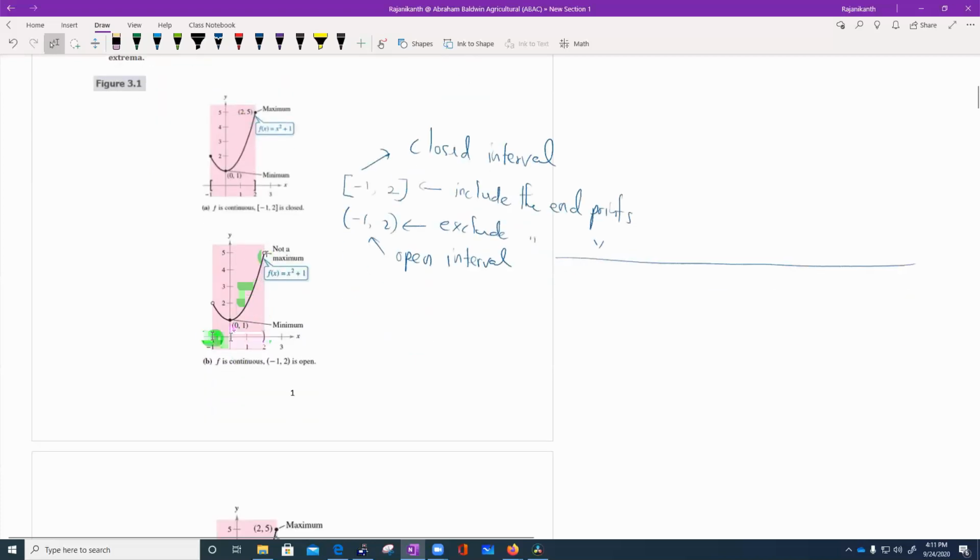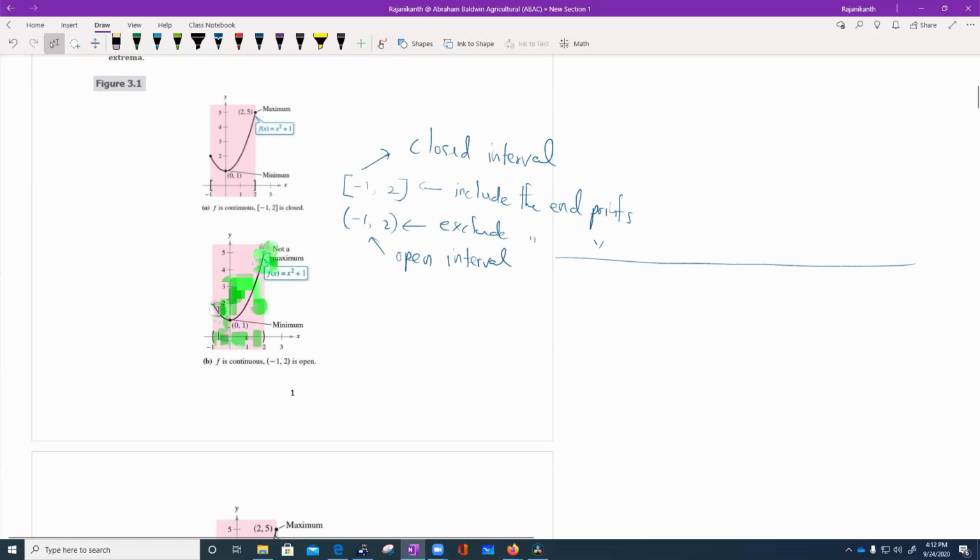Look at this picture. Remember, now our interval is an open interval. Therefore, we cannot include -1 and 2 in our domain. So you have to look for the smallest and biggest value of the function inside the interval, right? We don't include endpoints.